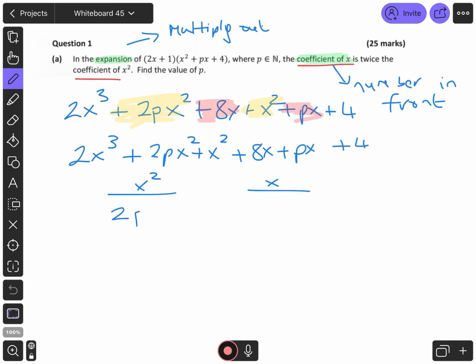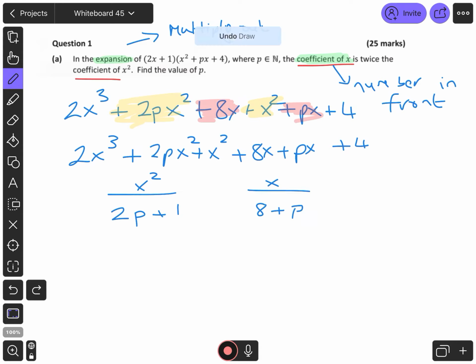The numbers in front of x² are 2p and a 1. And the numbers in front of x are an 8 and a p. Going back to our question, the coefficient of x is twice the coefficient of x². So that means that this is double this.